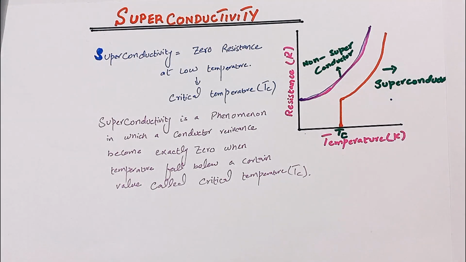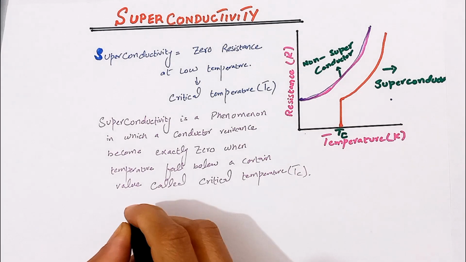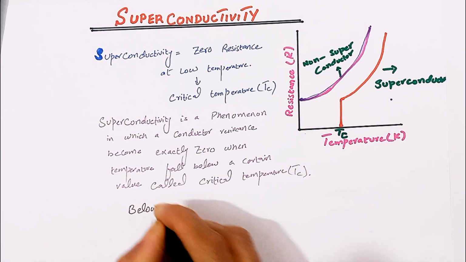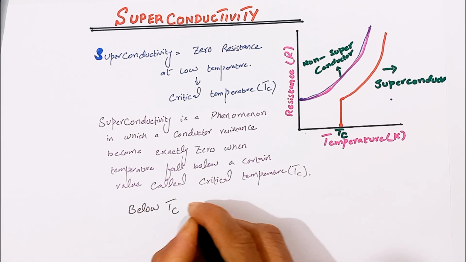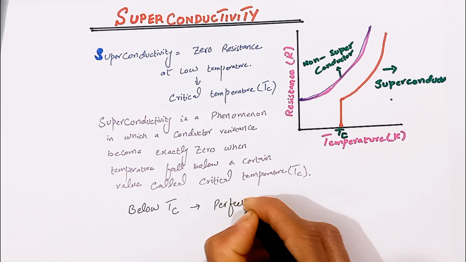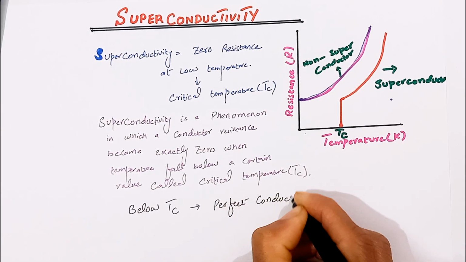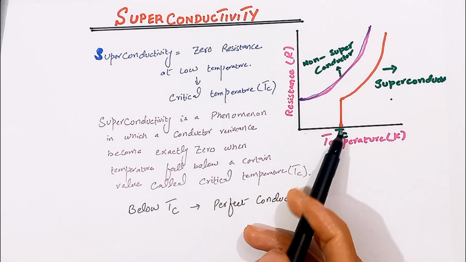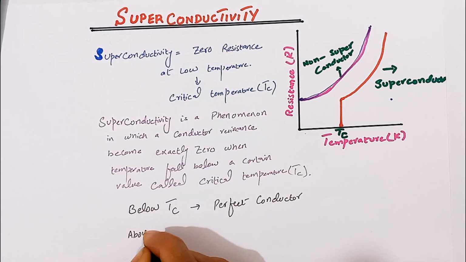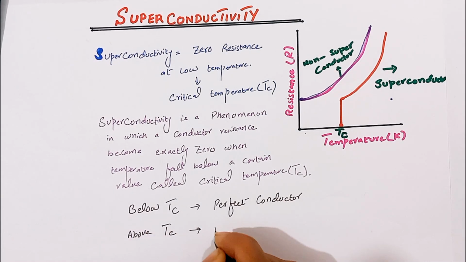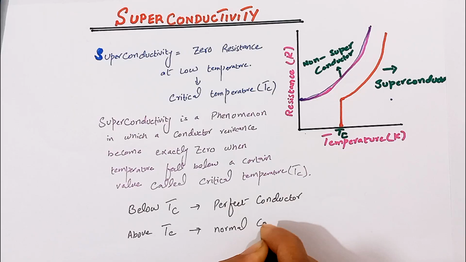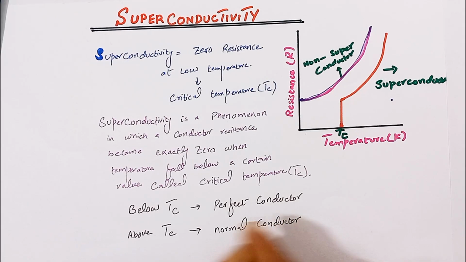So here we write that below the critical temperature T sub C, it is the perfect conductor. Above the critical temperature, it is the normal conductor.